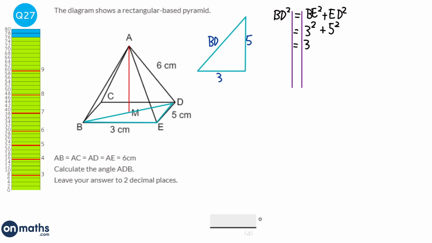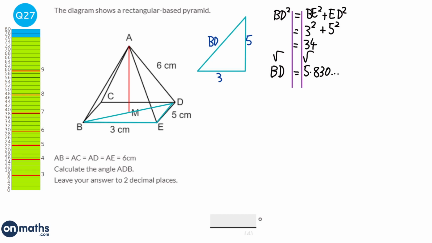That's going to equal 34. Square root both sides, and we've got BD equals, and we can leave this as just square root of 34, but if we want to write out exactly what it is, then it's 5.830 and so on, and we're going to keep that in our calculator. Next we're going to work out distance MD.